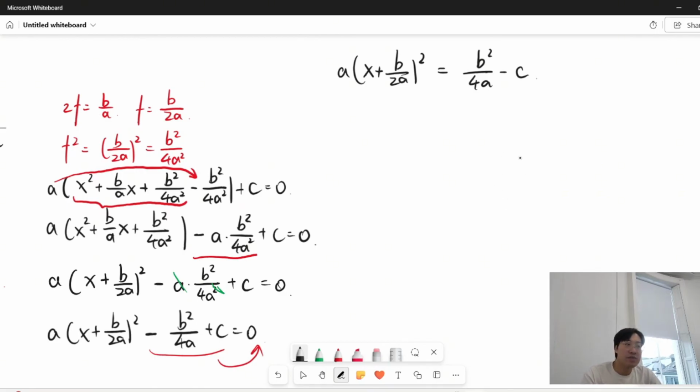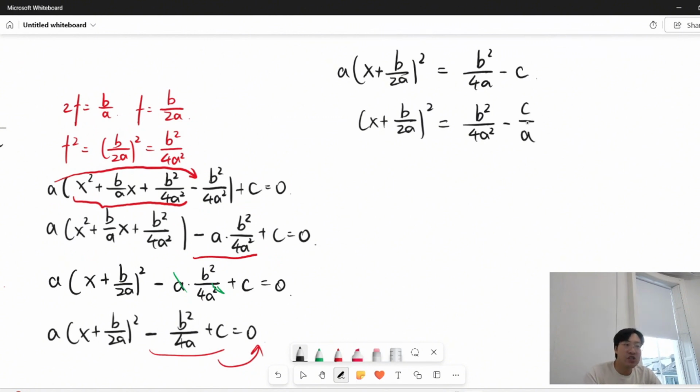Now, if we try to solve this equation, we can divide both sides of the equation by a. So we have x plus b over 2a squared is b squared over 4a squared minus c over a.